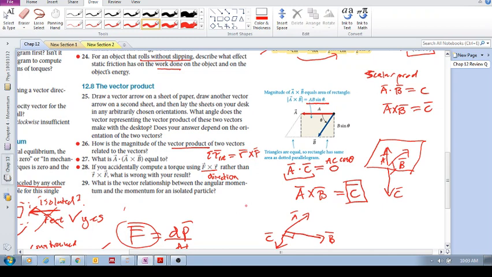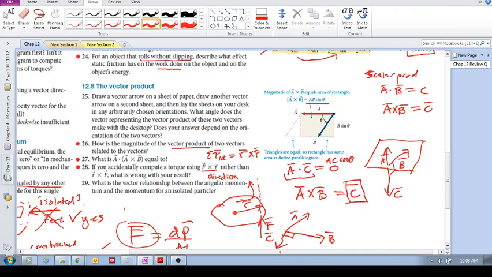So if you use the right-hand rule, let's do it this way. So now you've got an object, there's the pivot point, and there's your force, and there's the line of action, and you've got this vector R, and so it's going to go in that direction and that direction.